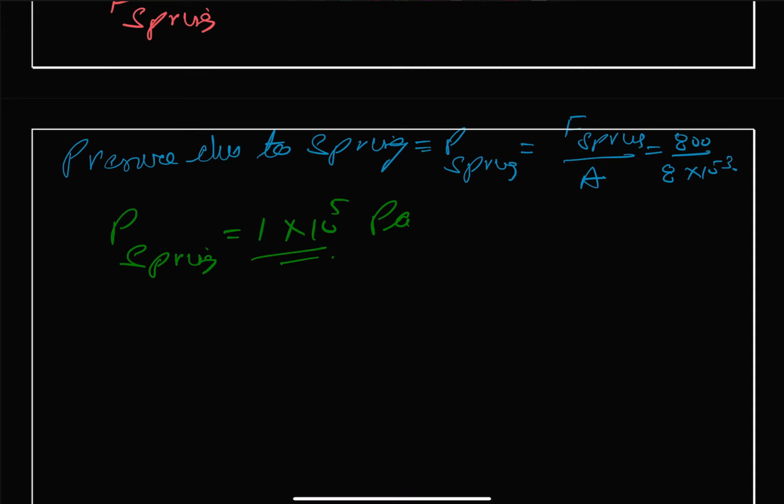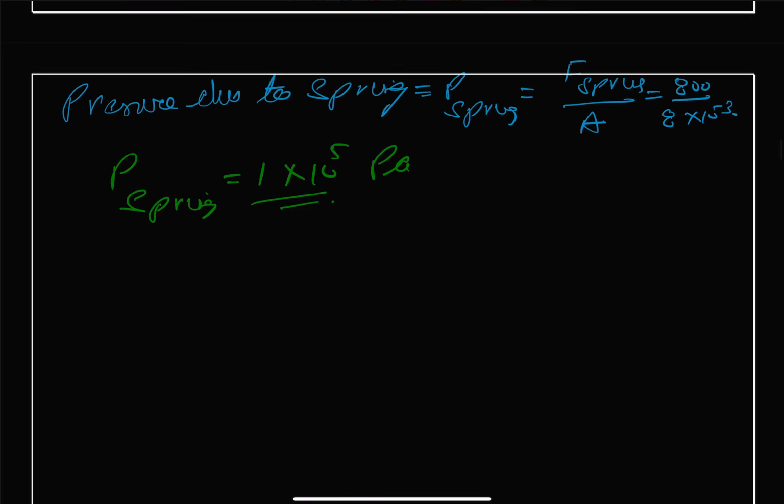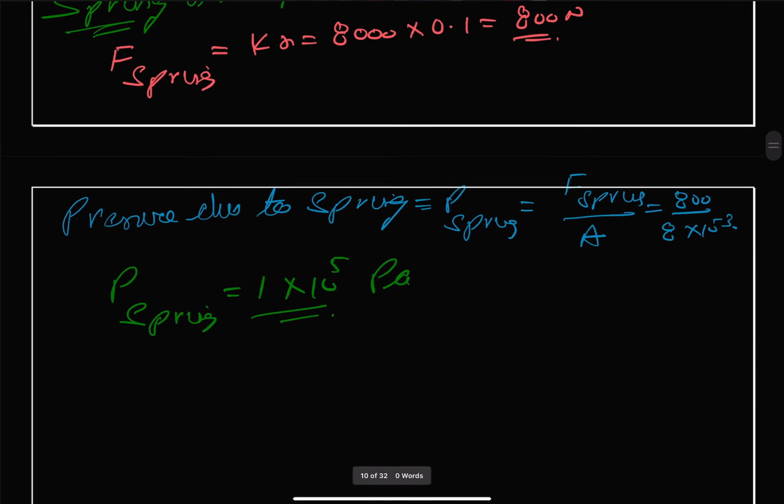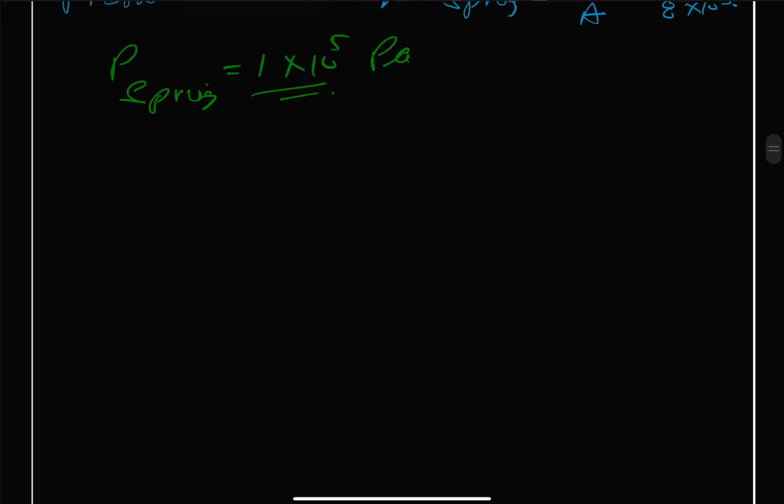Okay, now in this case, remember, the spring, let me draw a separate one. So we have the spring which is compressed, this is the rigid wall, and this is the final position. It moved by delta X. So the spring is compressed, so it is going to apply a force in the opposite direction, which we call F spring. And we have atmospheric pressure also, which we call PA.